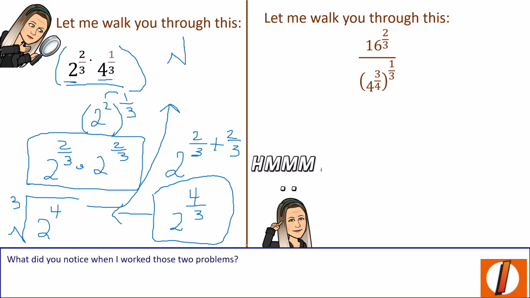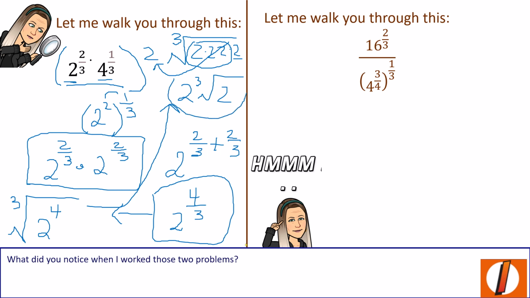So we have a cube root of 2 times 2 times 2 times 2. So we can take these out in multiples of 3. So we've got a 2 that comes out, and we have one lonely 2 that stays in. So we have 2 times the cube root of 2. All right, this is our answer.